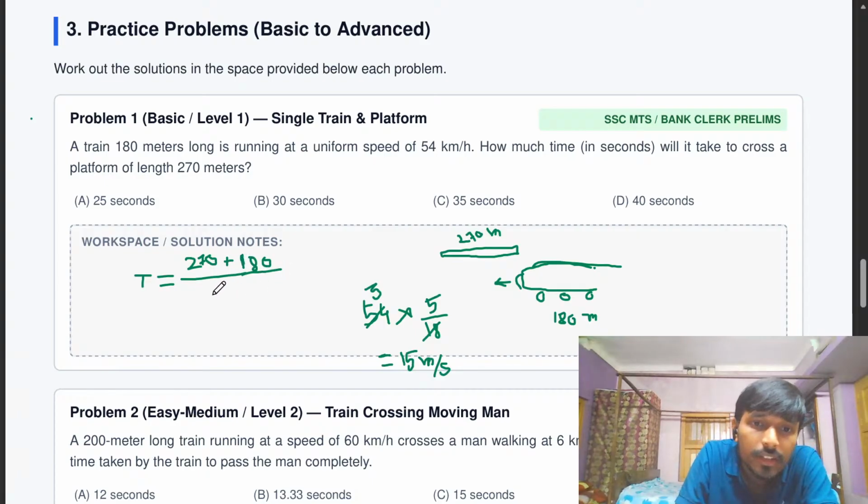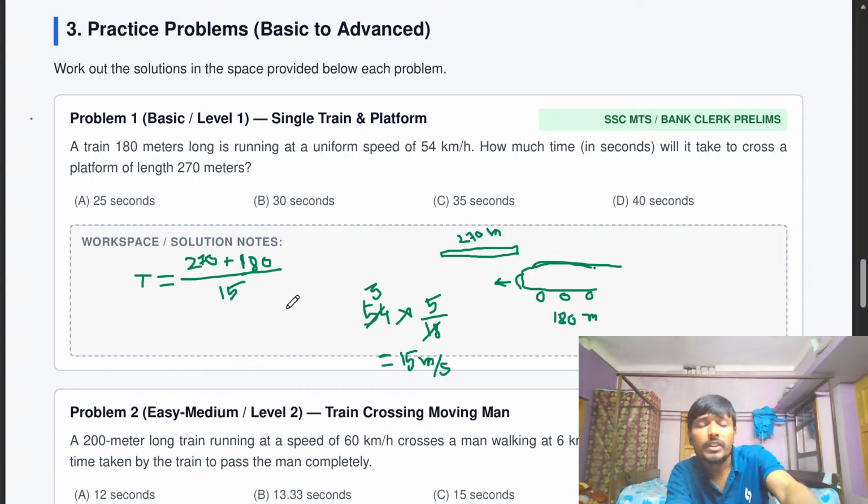And time means distance covered divided by speed. The speed of the train is 15 meters per second, so this is divided by 15 meters per second. Okay, this is the time. So what will be the unit of this time? Simply second.